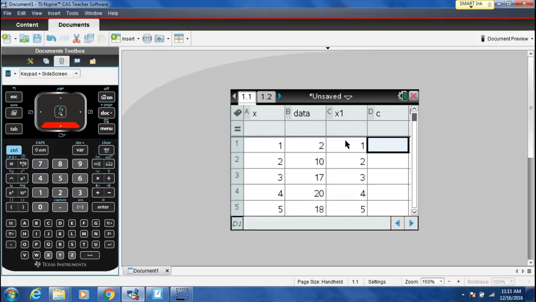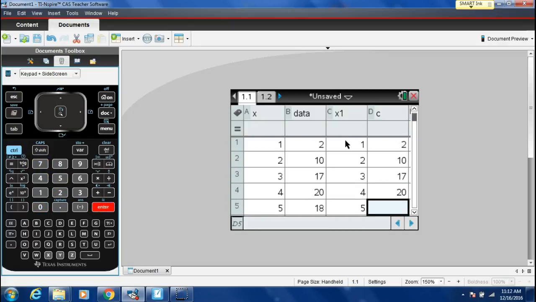The first one was 2, then 10, then 17, then 20, then 18, then 17, then 24, then 30, and finally 38. So I put in the first 9 values.